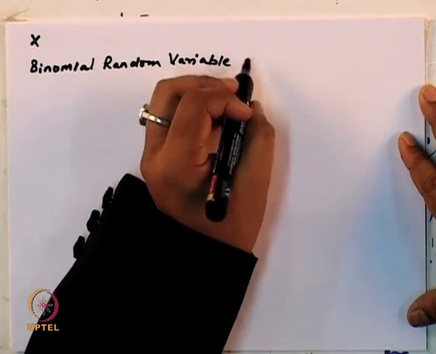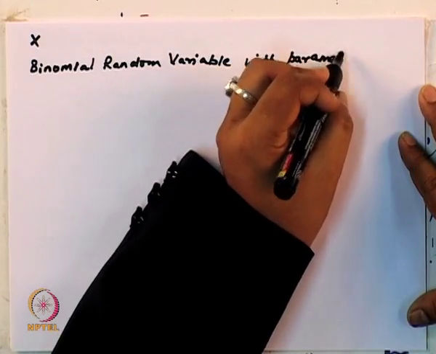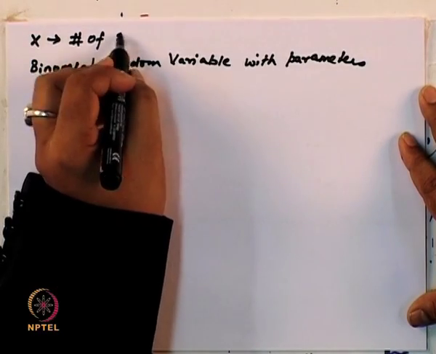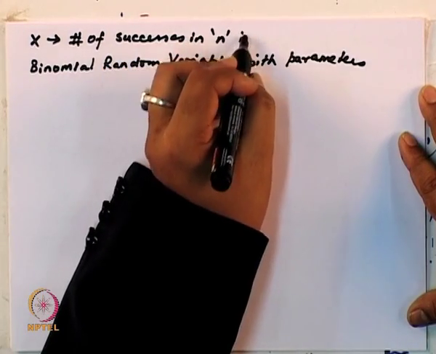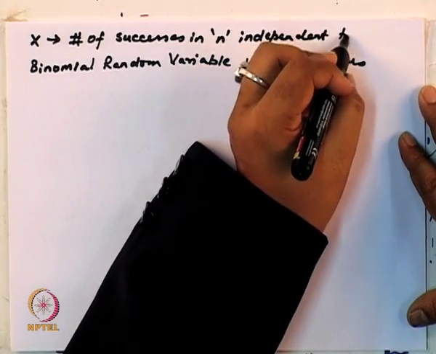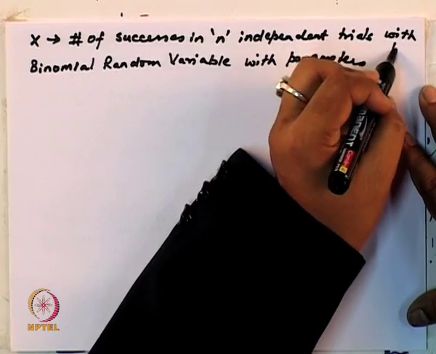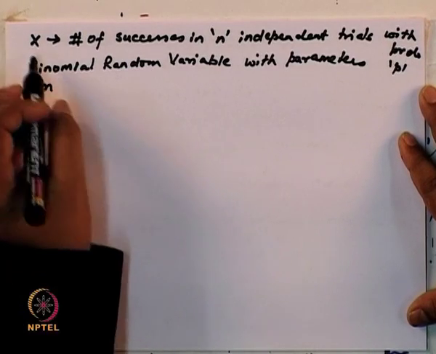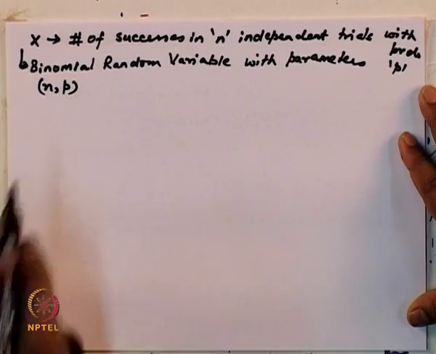X measures the number of successes in n independent trials, with probability p. So, X is called a binomial random variable with parameters n comma p.